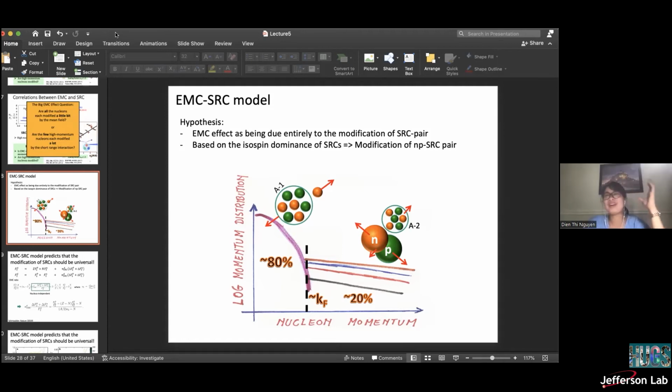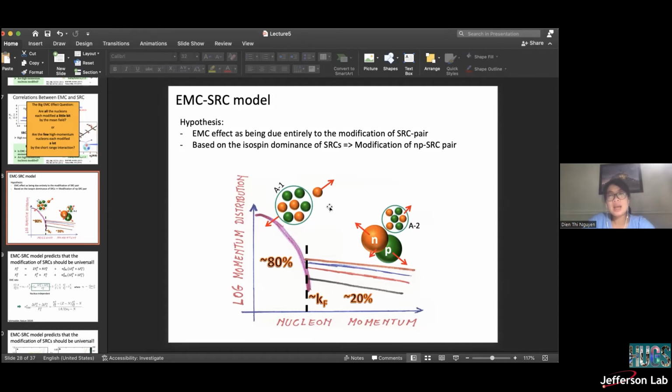Okay, so we repeat again here as well. So in the Z-like EMC SRC model, the expectation is that EMC is only due to Z-like NP SRC pairs. So we know that NP dominance is universal and SRC behavior is universal across different nuclei.